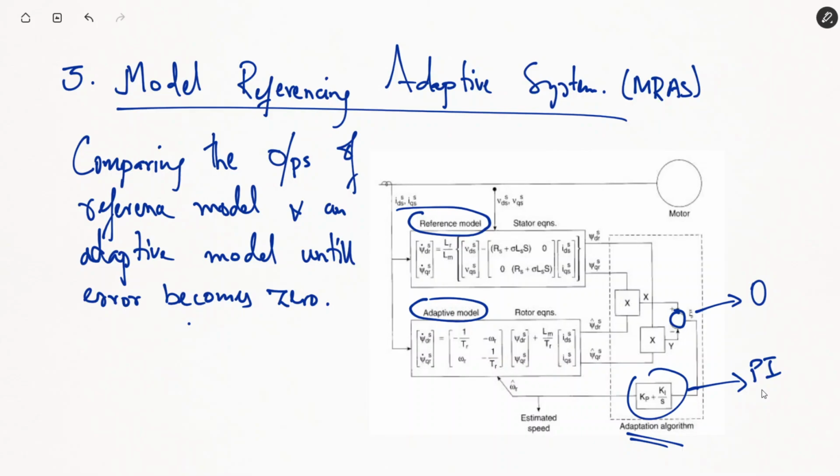Now, as far as this implementation goes, while this model gives us fairly accurate estimates, the disadvantage with this system is that at lower values of speed the estimation is inaccurate.